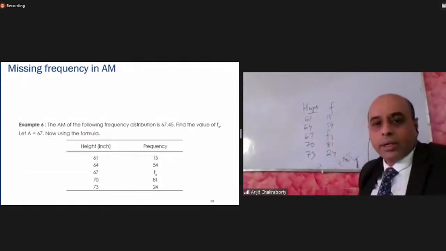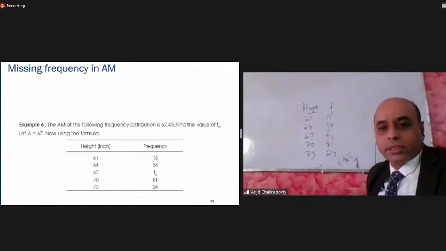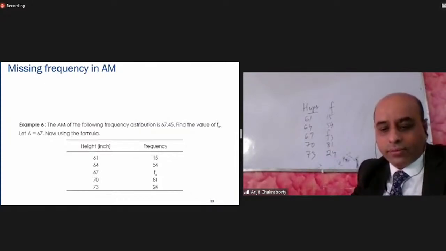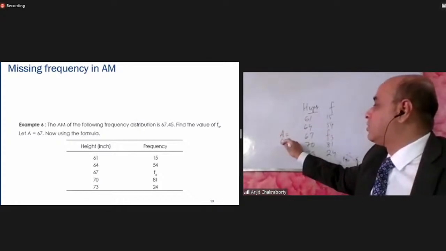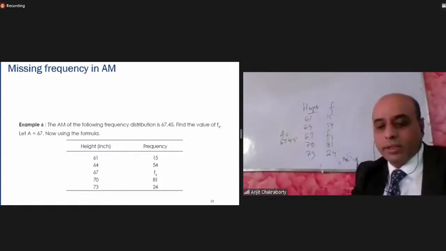The average is given as 67.45. This is given in the problem.